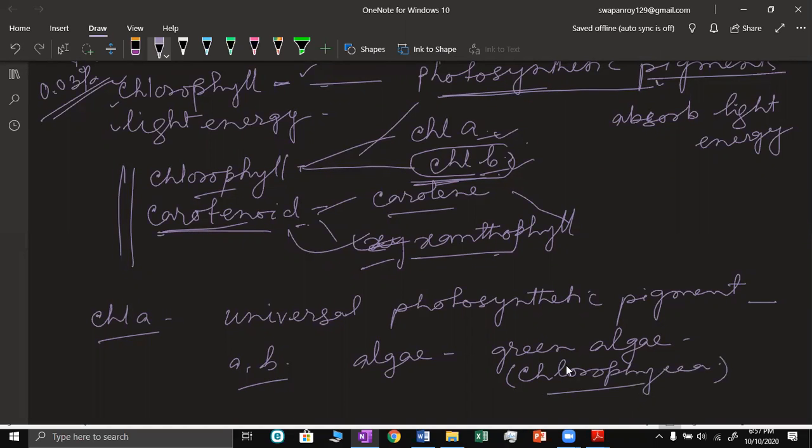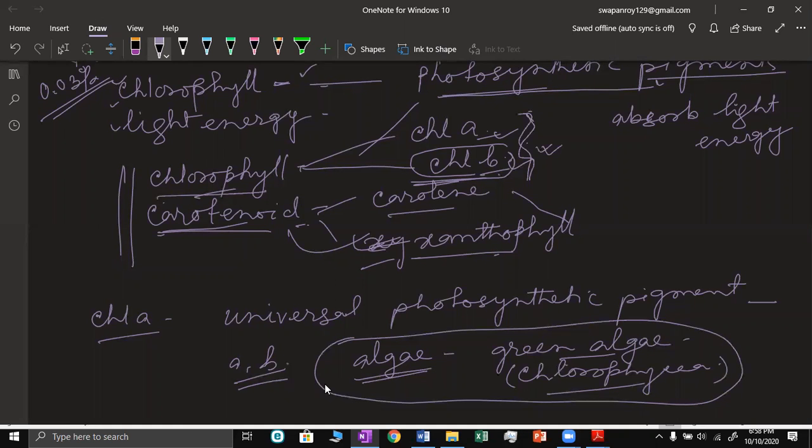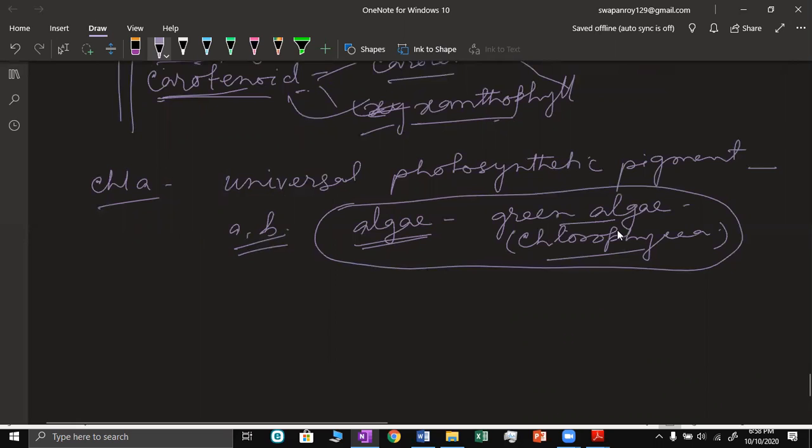So in green algae the photosynthesis is similar to that of higher plants due to this pigment composition. That is why green algae have been used for many photosynthetic experiments, because they also have chlorophyll A and B like the higher plants.